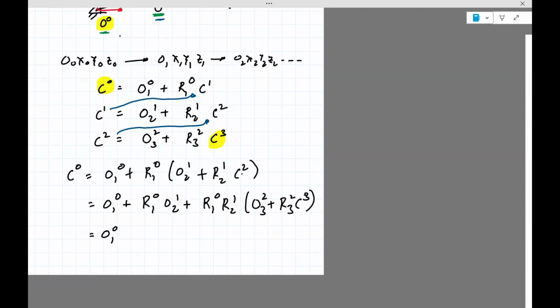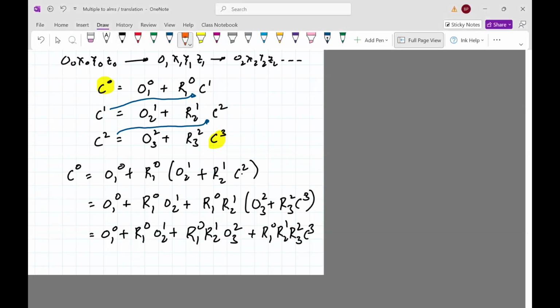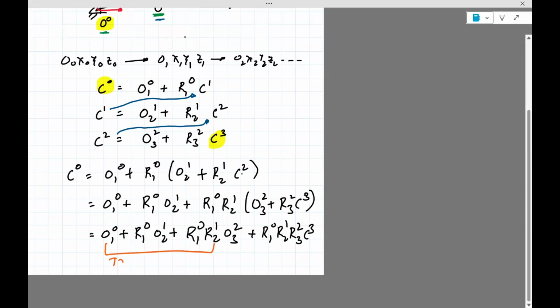So we get O10 plus R10 O21 plus R10 R21 O32, and then R10 R21 R32 C3. Okay, now this part is the translation part.